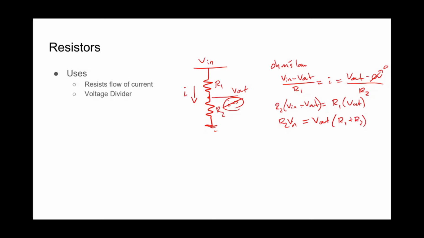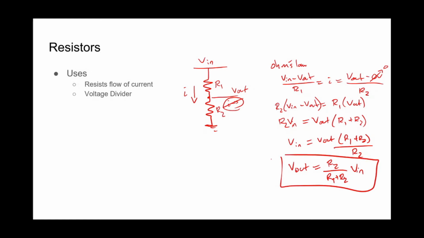This is further simplified by saying V_in equals V_out times (R1 plus R2) over R2. Typically we want to measure V_out and not use it to calculate V_in, so we would say V_out equals R2 over (R1 plus R2) times V_in.